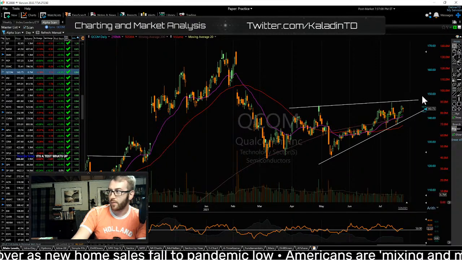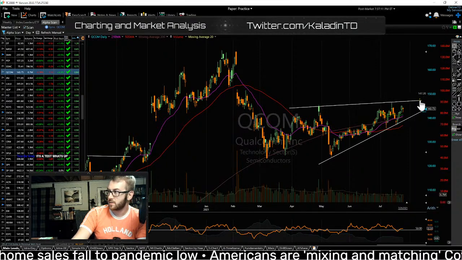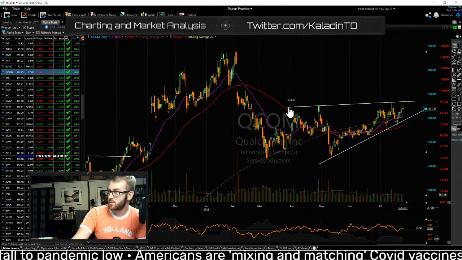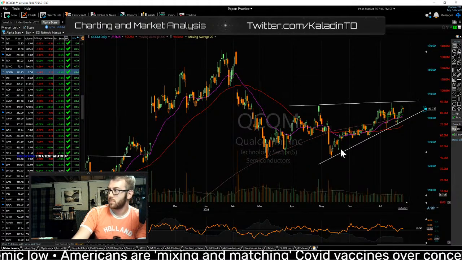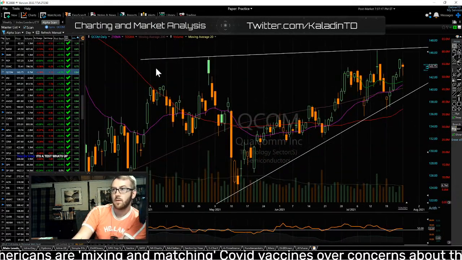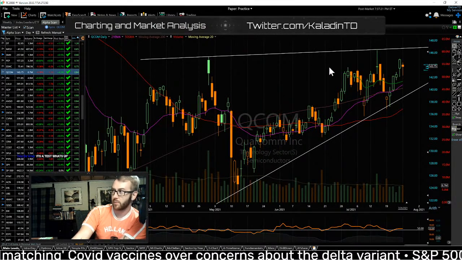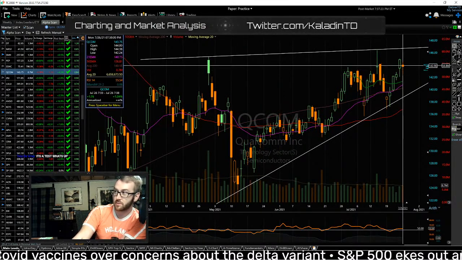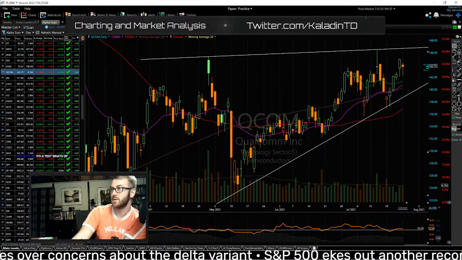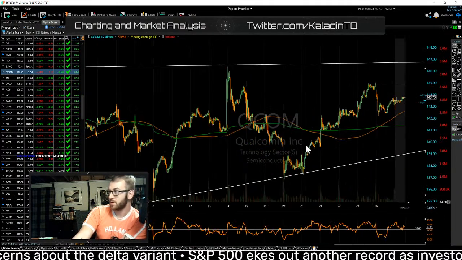Get a narrowing wedge formation here. Down just a little bit today. Looks like we just took a breather day. It was an inside day too, and we closed well off of the lows.